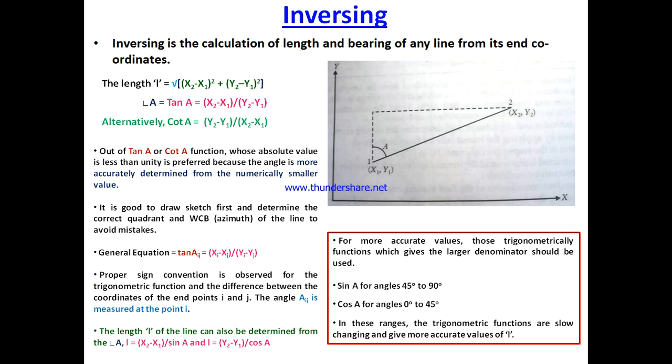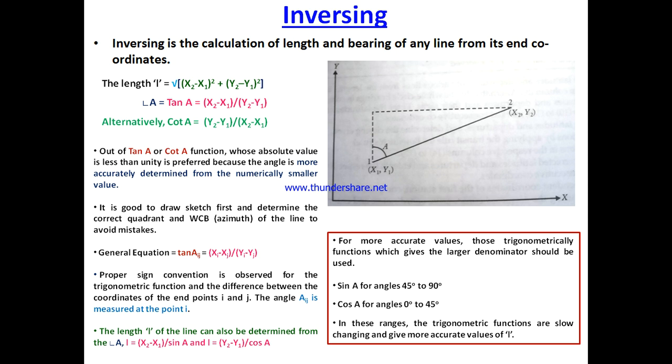What I mean to say is, if the angle is between 45 degrees and 90 degrees, then we need to choose this formula. And if the angle is between 0 and 45 degrees, in this case we get a smaller value for cos A. So we will choose that particular function. It is up to us what we choose in order to get the larger denominator.